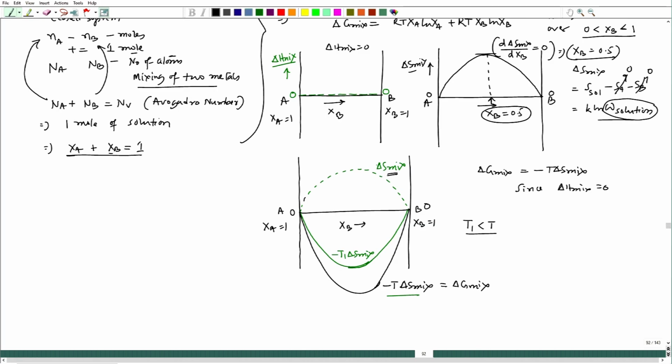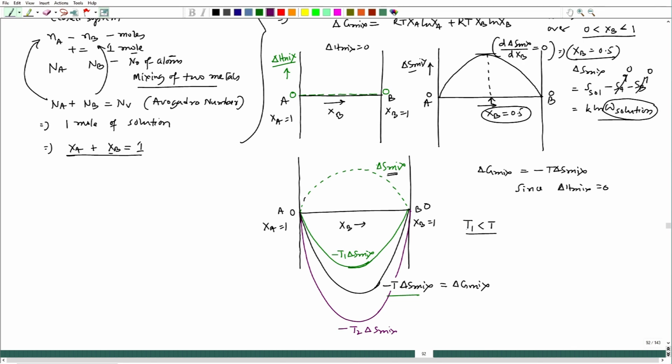Now, if I increase the temperature, then it will go down, it will further go down. Okay. Let us say this is minus T2 del S mix. Okay.